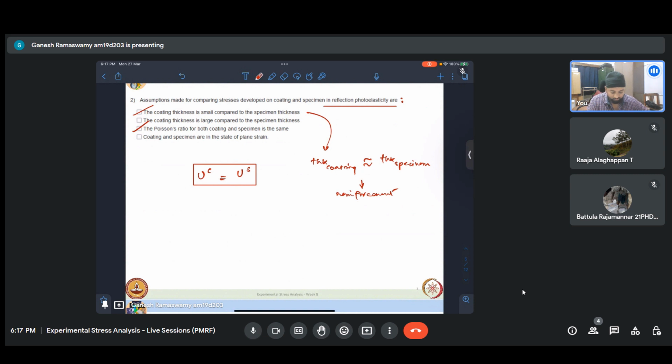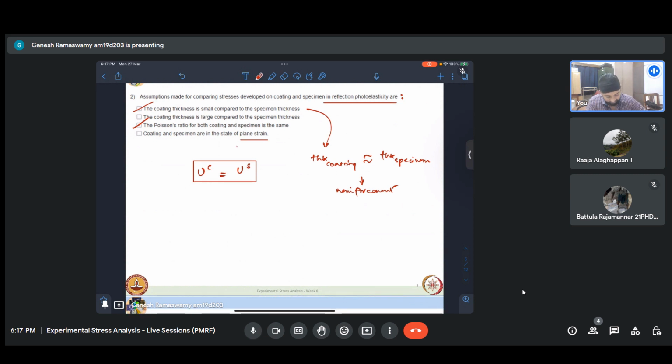So the coating and specimen are in a state of plane strain. This is not correct because we essentially take the coating and the specimen to be in the state of plane stress, and that is how we derive the equations which we will be seeing.